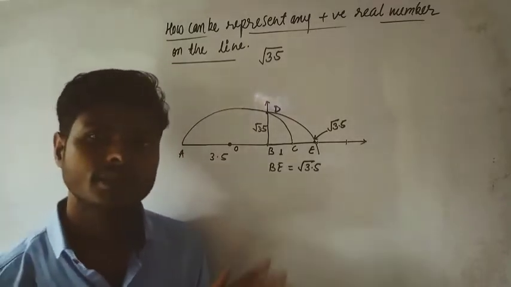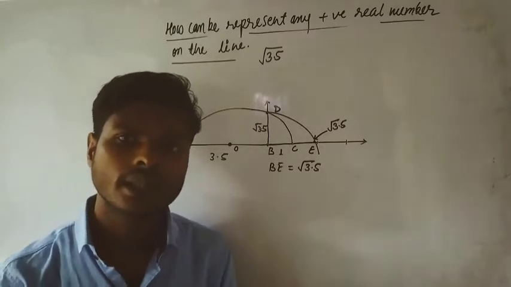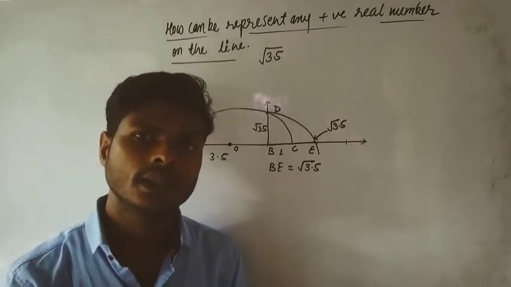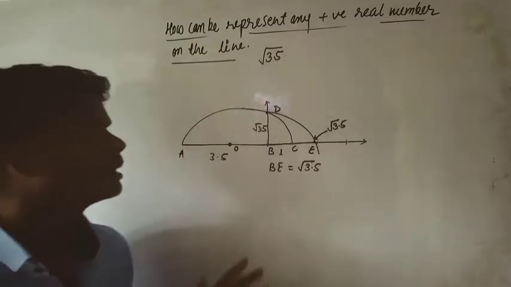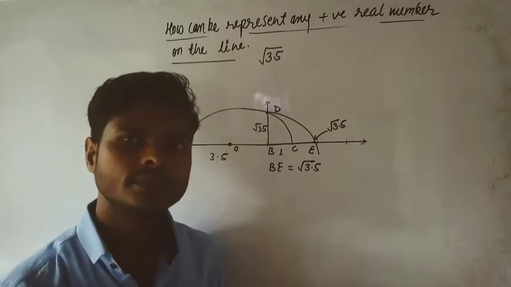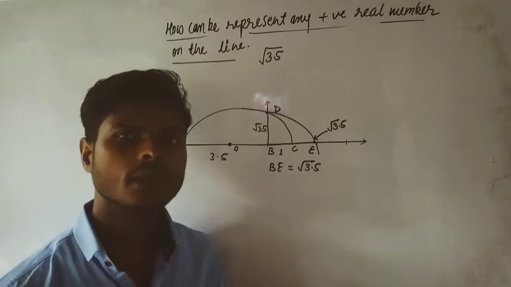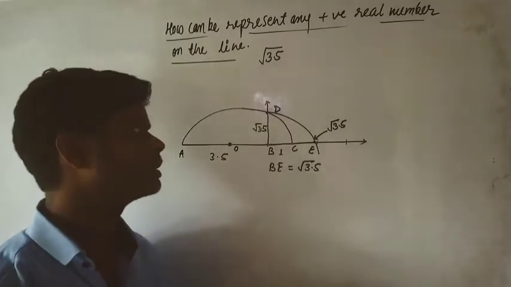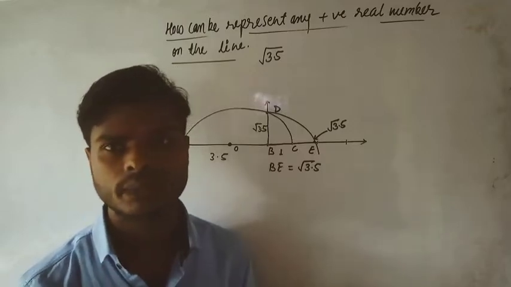This is the concept to derive a real number on the number line. In this section, we will describe the general form of this type of number. How can we describe the general form of this type of number?